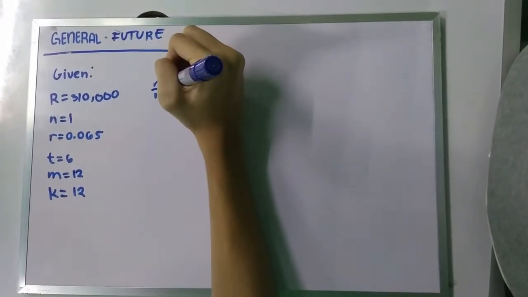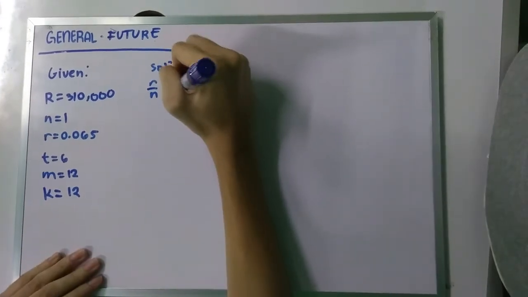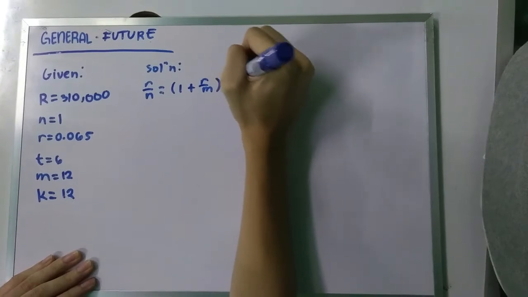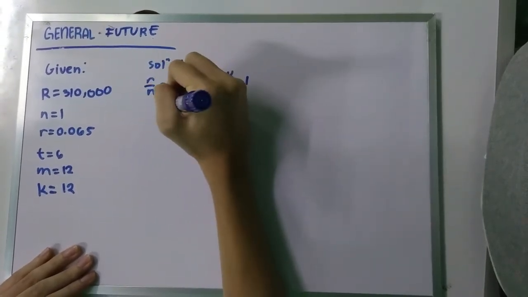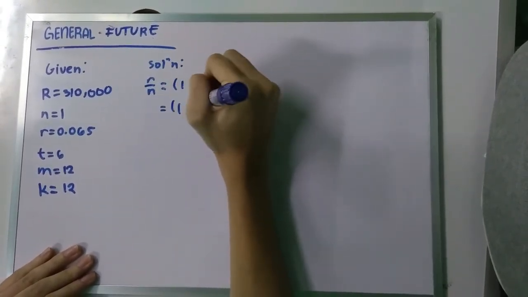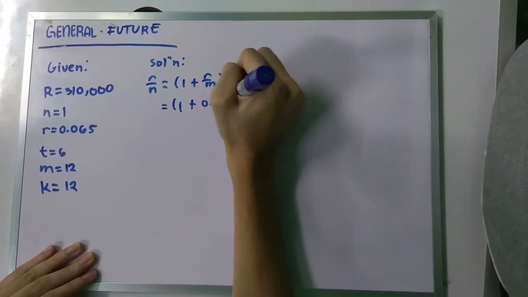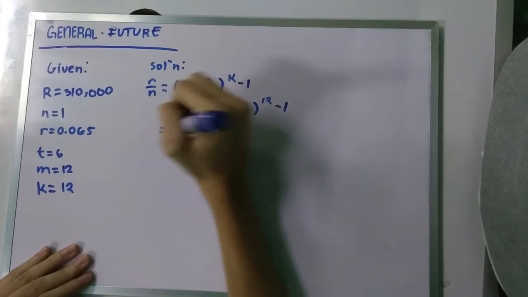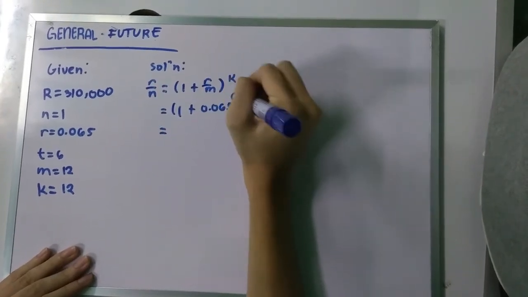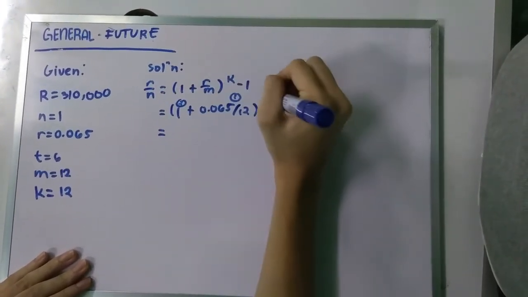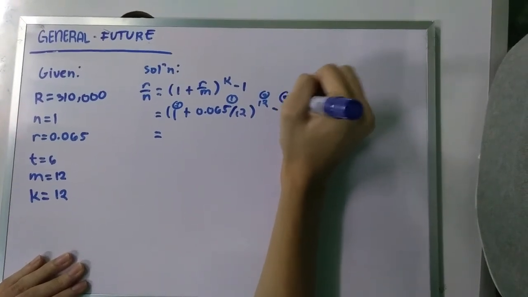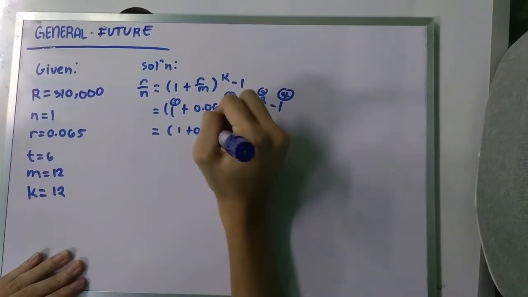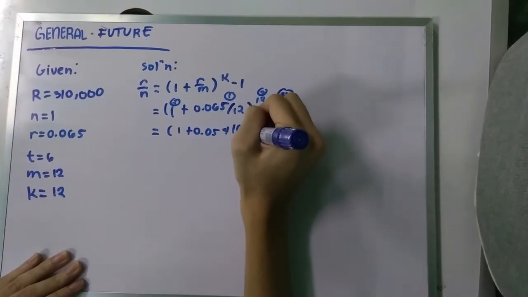So R over N is equal to the quantity of 1 plus R over M to the power of K minus 1. Substituting the values, this becomes the quantity of 1 plus 0.065 over 12 to the power of 12 minus 1. Let us first solve 0.065 over 12, which results to 0.0054166667.